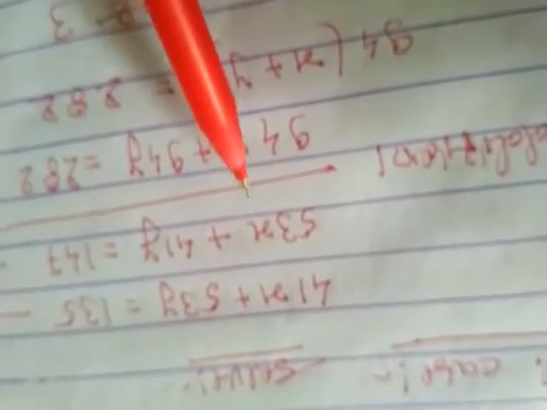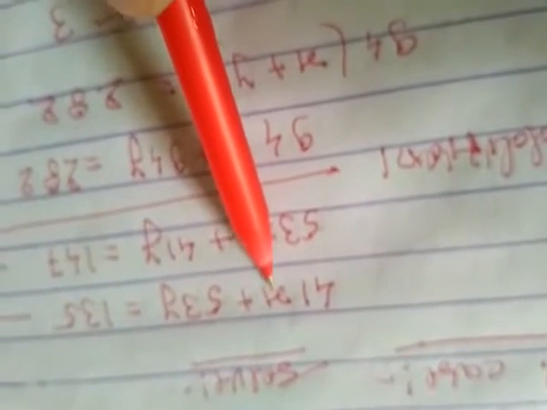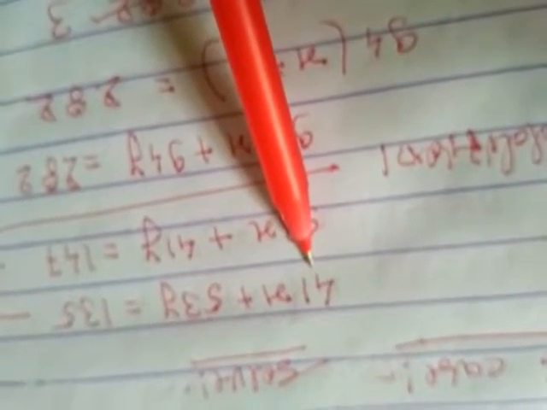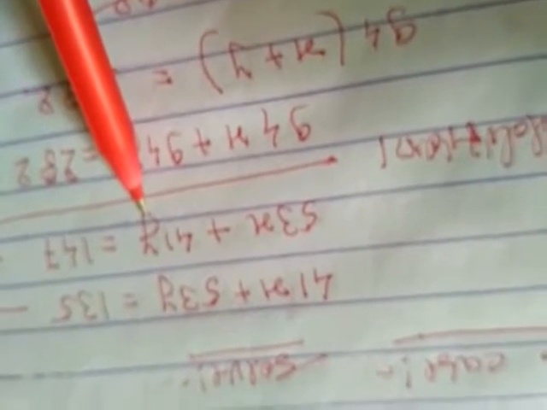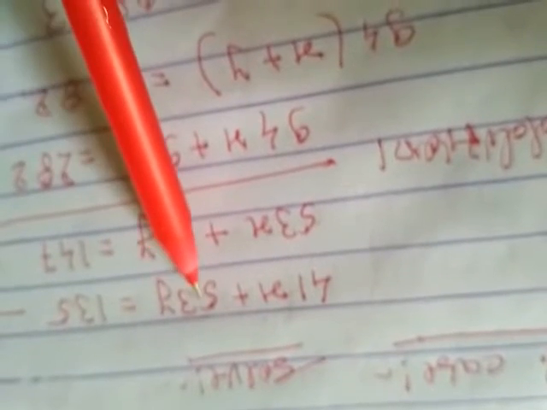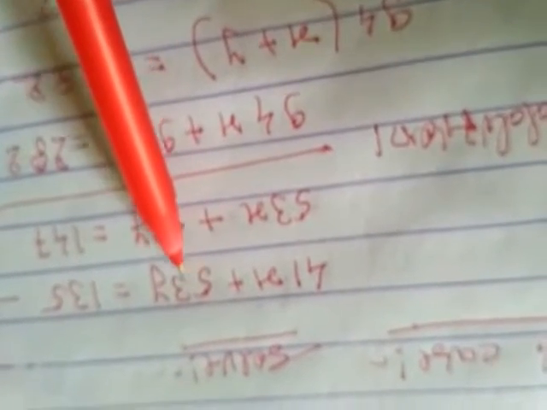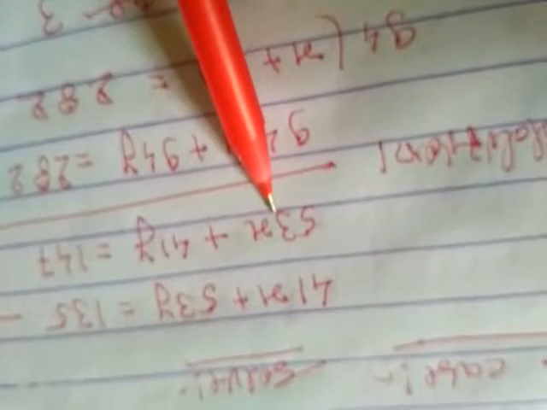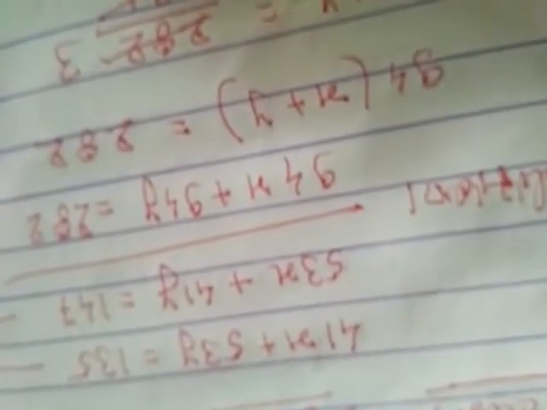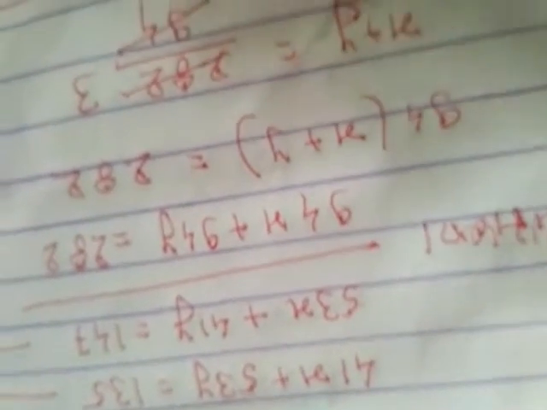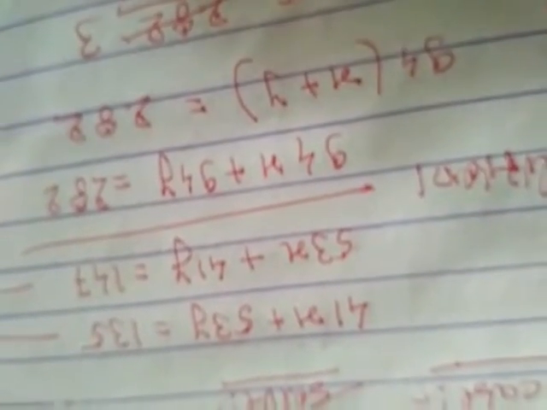You observe that in both these equations, the coefficient of x in the first equation is the coefficient of y in the second equation. And similarly, the coefficient of y in the first equation is the coefficient of x in the second equation. So here the coefficients of x and y in equations 1 and 2 are interchanged. In this case, first you add both equations together to make it simpler.